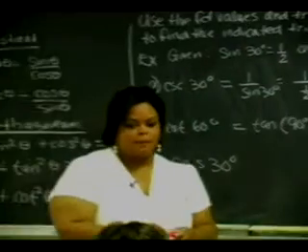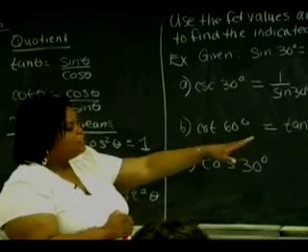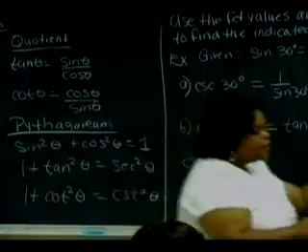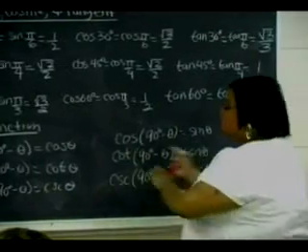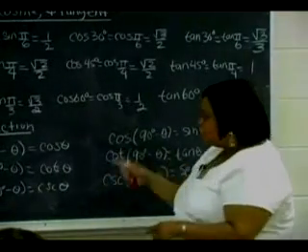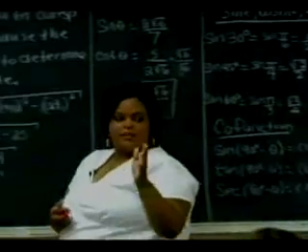How do we know to use the tangent? Well, looking at our cofunctions over there, we notice that this 60 and that 30 equals 90. Looking at our cotangent functions over here, tangent relates to cotangent, cotangent relates to tangent. So none of these others fit with these cotangent and tangent in the cofunction identities. Okay? Other questions?